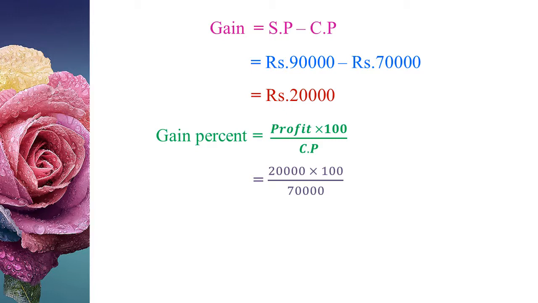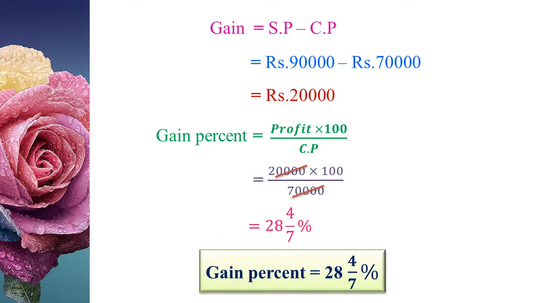So, 20,000 into 100 by 70,000. Here 4 zeros and 4 zeros get cancelled out. On simplifying this, we get 28 4 by 7 percent. So, the gain percentage is 28 4 by 7%.